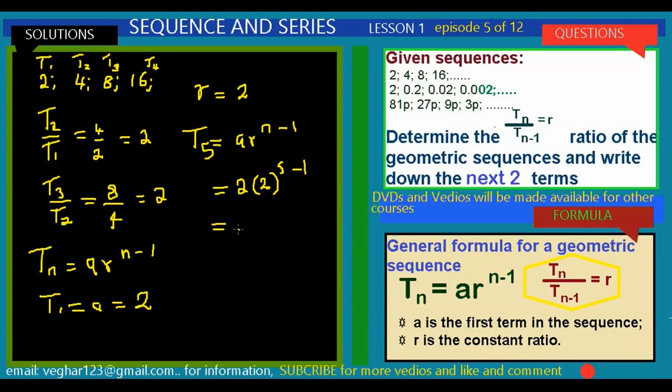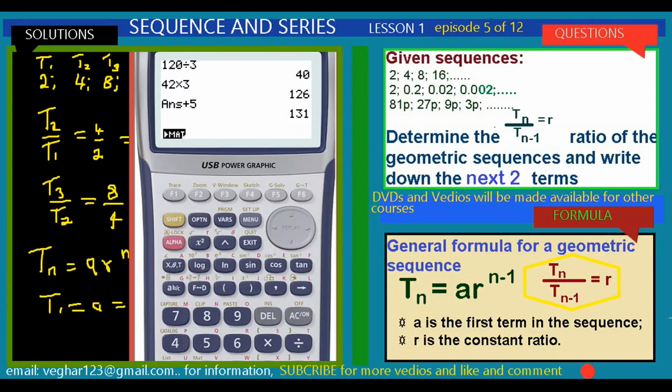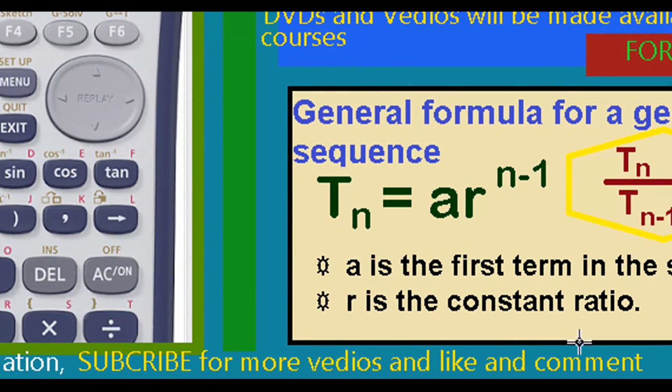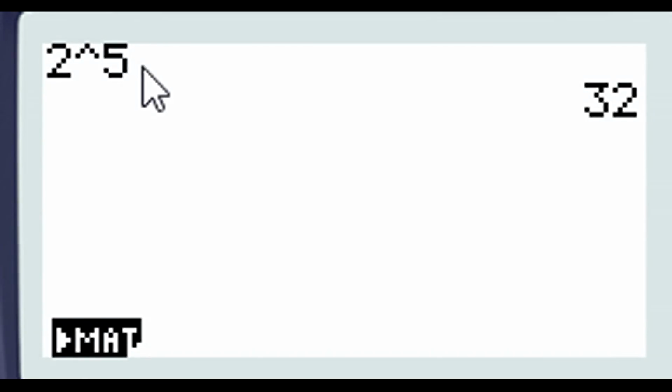Then we say 2 raised to... using the calculator, 2 raised to 5 is 32.